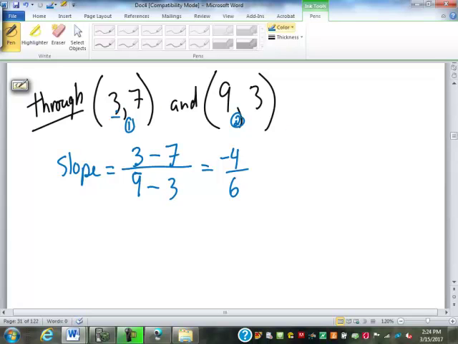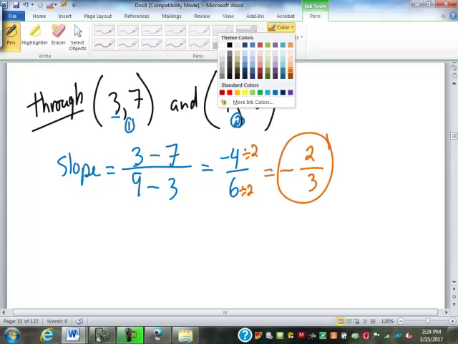That equals 6. Good. So what does that give me for the slope? Well, first, you're going to have to put the negative sign first, just like you did. Perfect. By 2. Good deal. So then you get 2 and then a 3. Perfect. So our slope is negative 2/3.